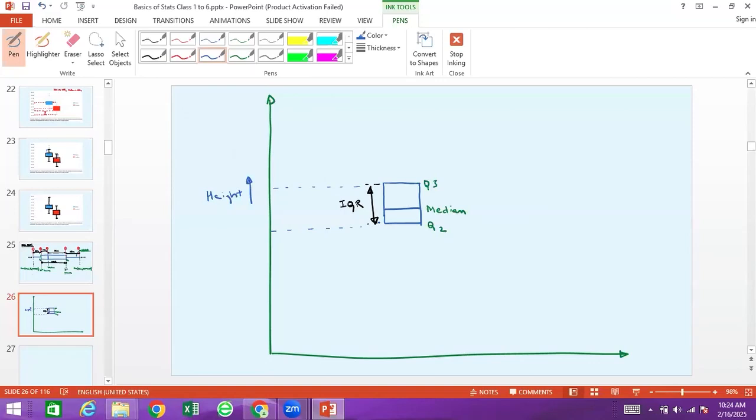Can an outlier be a very small value as well? If someone is just 1 feet tall, which is very small, can that person also be considered an outlier? Yes, that person will also be considered an outlier. So a very small value will also be considered an outlier, and a very big value will also be considered an outlier.